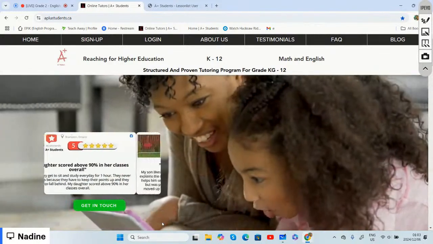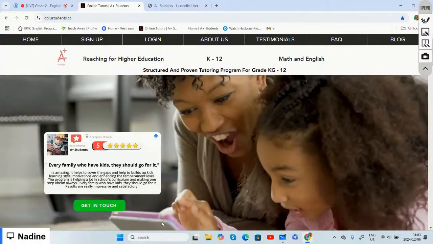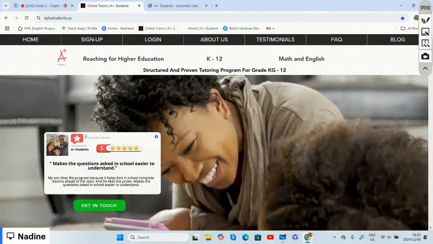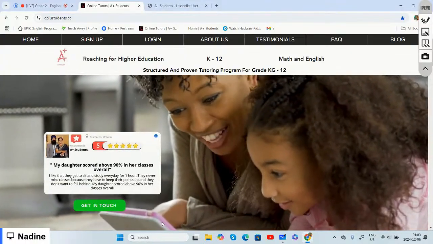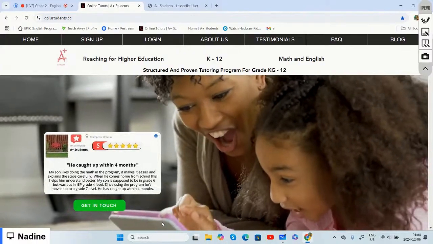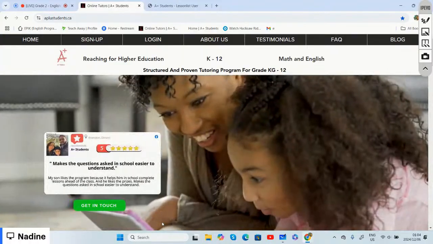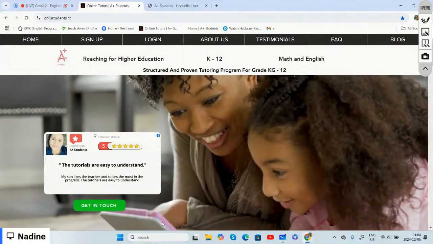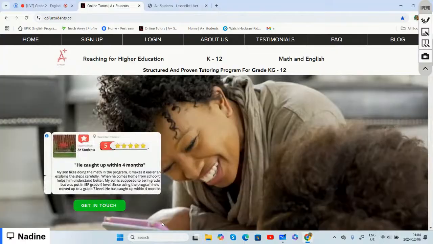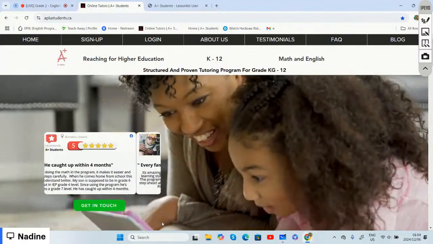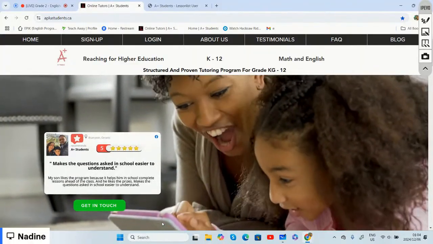Once you've logged on to aplusstudents.ca with our username as well as our password, and then we're going to select the subject of English Language Arts.